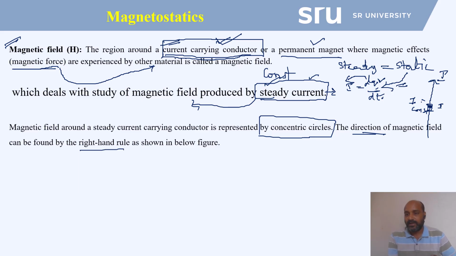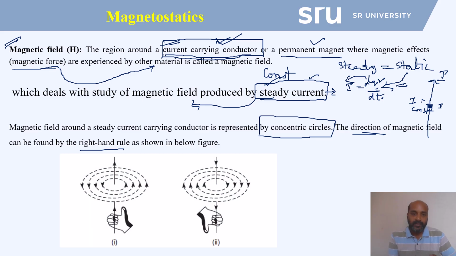We can visualize that with a schematic diagram. We can explain that for two conditions. Here the current is in the upward direction. This is the direction of current. So just place the thumb in the current direction. Then the direction of the curl of the fingers will show the direction of the magnetic field.